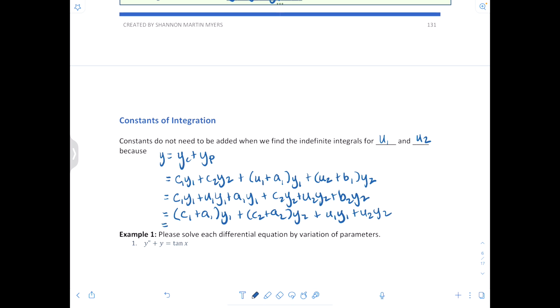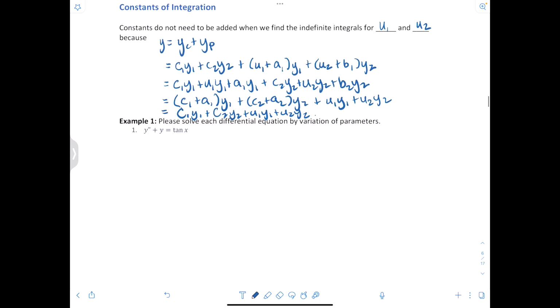But a sum of constants is just a constant, so you'd have c1 y1 plus c2 y2 plus u1 y1 plus u2 y2. So that's kind of a long reason why you don't have to worry about it.